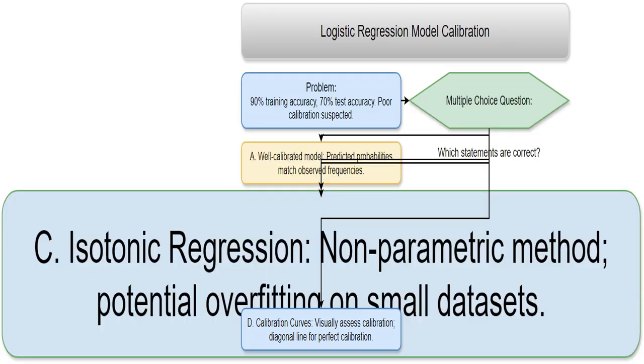Isotonic regression is another method to calibrate probabilities. It doesn't make assumptions about the shape of the relationship between predicted probabilities and true probabilities. That's what non-parametric means. However, because it's flexible, it can sometimes overfit, meaning it learns the training data too well, and it might not work as well on new data, especially if you don't have a lot of data.